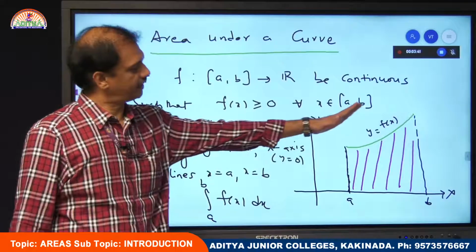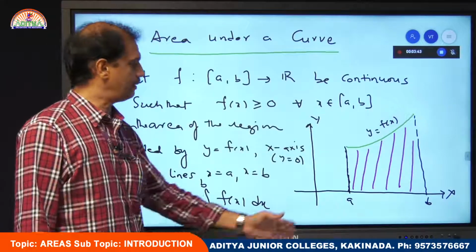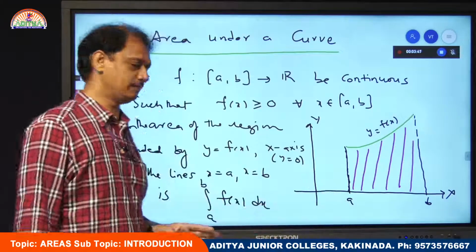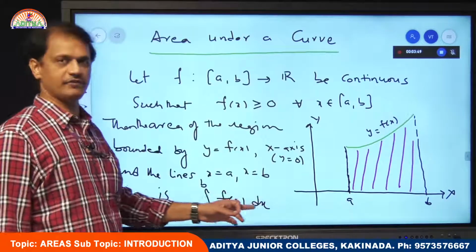Area under the curve y equal to f of x bounded by x equal to a, x equal to b, and the x axis is nothing but integral a to b f of x dx.